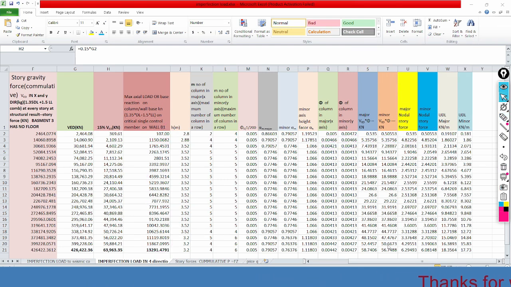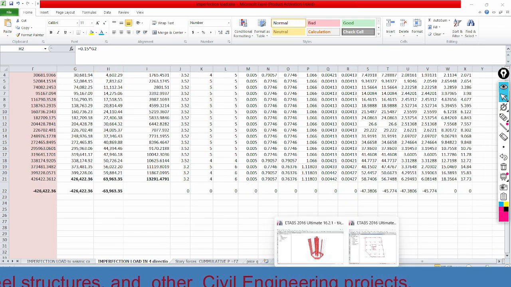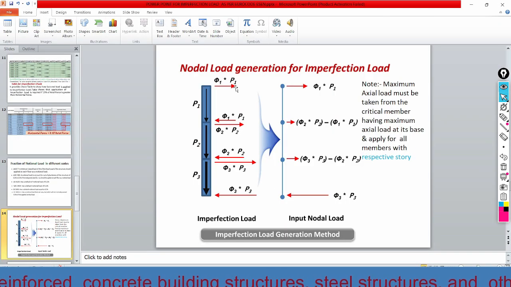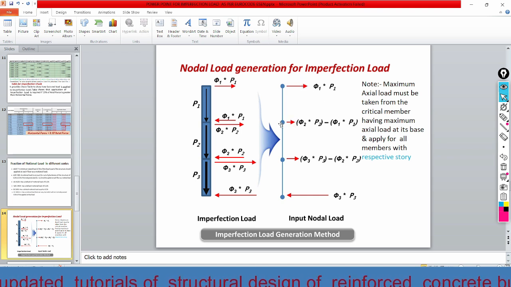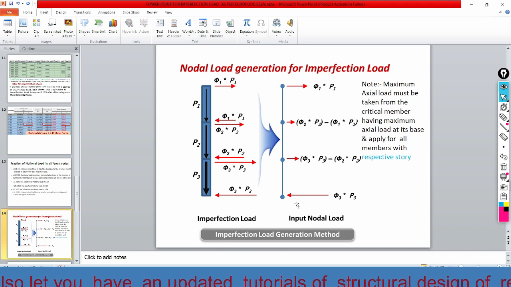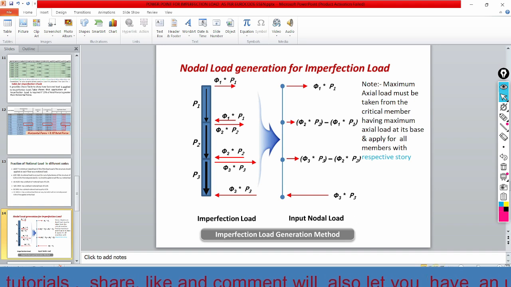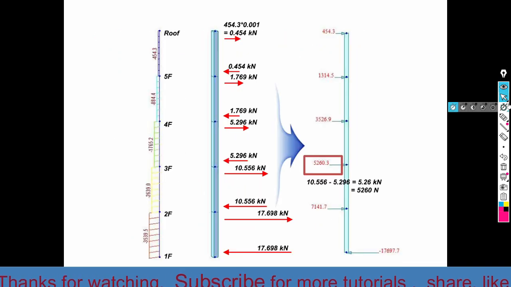So in this way we can calculate the nodal force which will be applied at the nodes of every column. Just like this here.